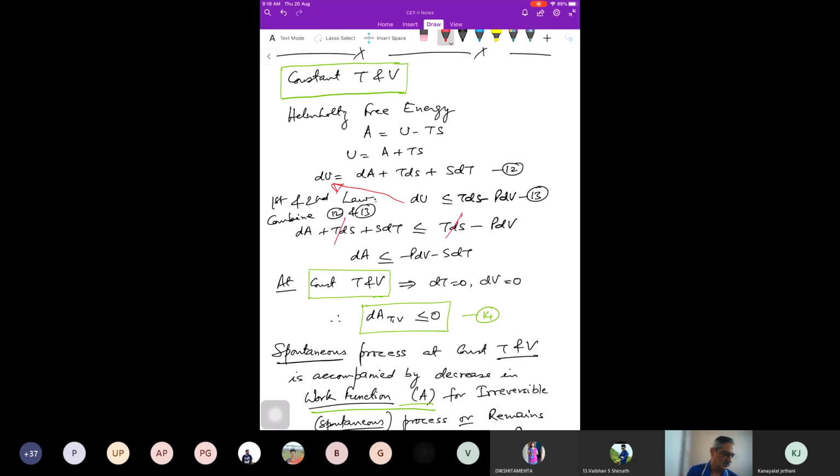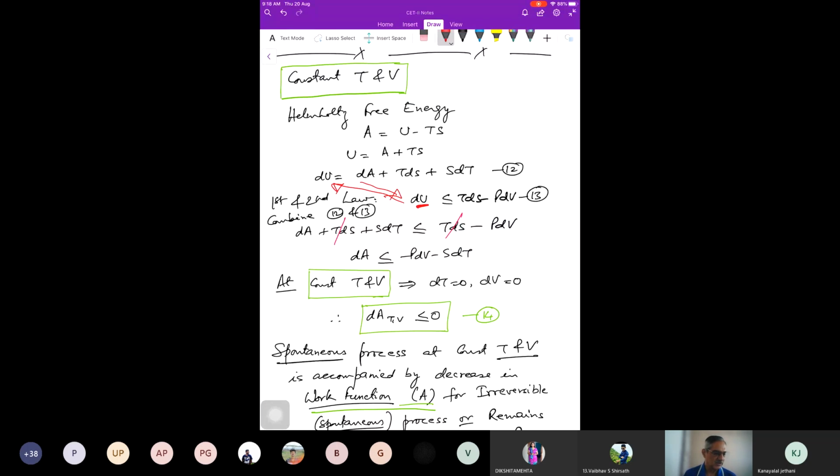So if you substitute in this equation, what you'll get is dA plus TdS plus SdT. Right hand side वाला पहले लिखा है मैंने, and that is less than or equal to TdS minus PdV, because dU is less than or equal to this equation right hand side. तो यहाँ पर सिर्फ ये उल्टा नहीं इधर किया मैंने, इसको यहाँ सब्स्टिट्यूट किया, dA का वैल्यू यहाँ सब्स्टिट्यूट किया मैंने.